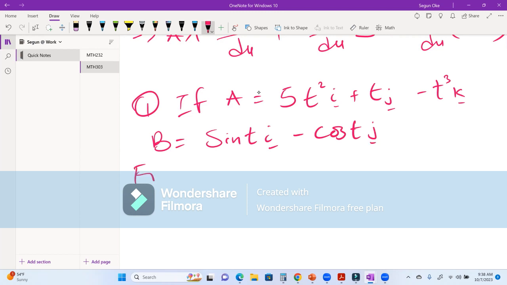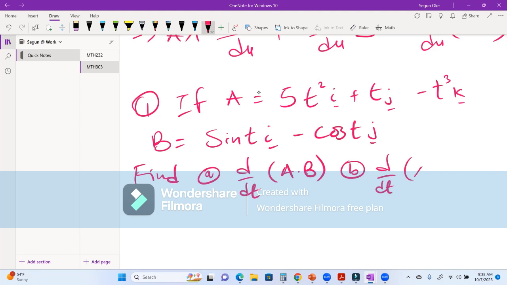The question says find: a) d/dt of A dot B, b) d/dt of A plus B, c) d/dt of A dot A.